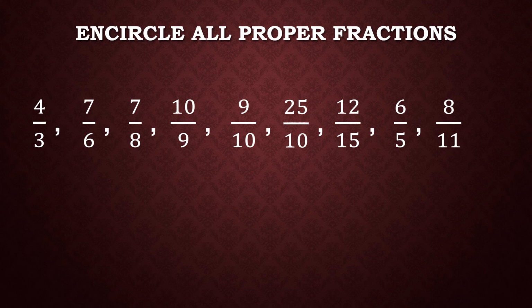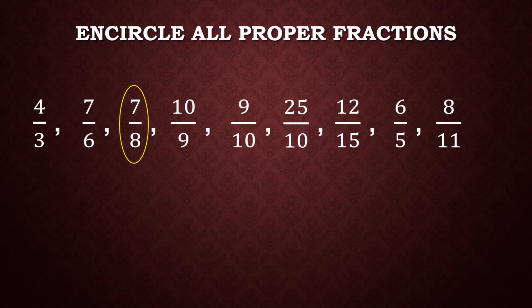Fractions where numerators are smaller than denominators are called proper fractions. Is 4 upon 3 a proper fraction? No, so leave it. Is 7 upon 6 a proper fraction? No, so leave it. Is 7 upon 8 a proper fraction? Yes, so encircle 7 upon 8 because in this case the numerator is smaller than the denominator.